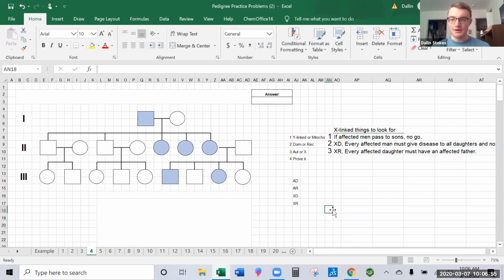All right. Now we've got autosomal or X-linked, so now we have to ask, is it dominant or recessive? In this case, every affected child has an affected parent. That makes it dominant.